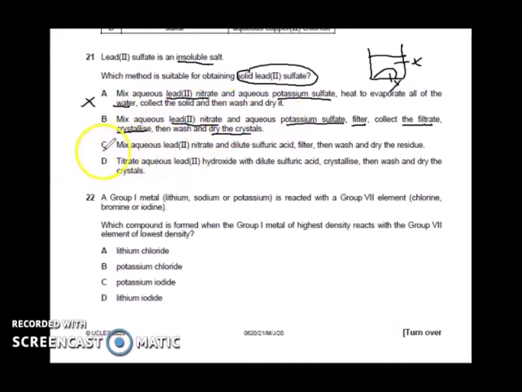Okay, we try to read C. Mix, the same, with dilute sulfuric acid. Filter, and then wash and dry the residue. Titrate oxide, sulfate crystallized, this one cannot be. So your best answer here will be C.